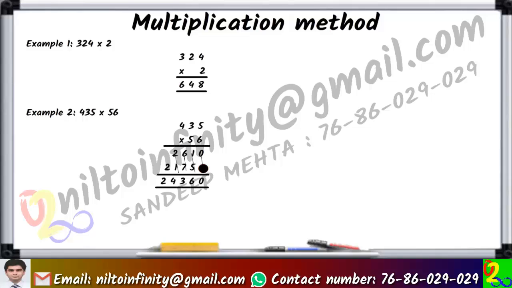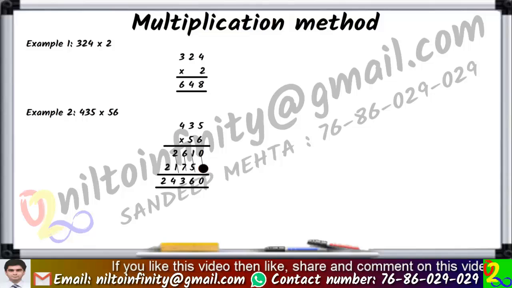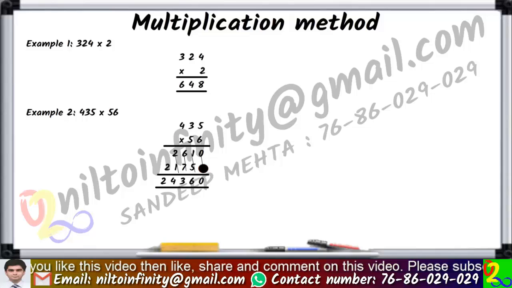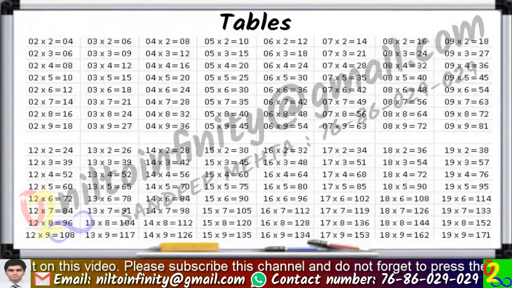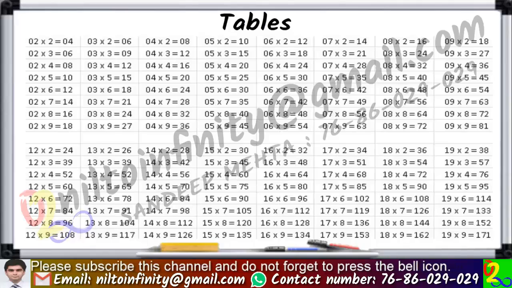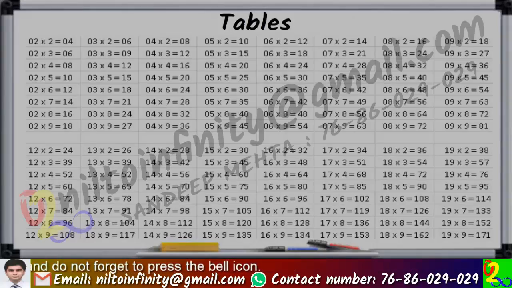Now we will add the digits which are in a line. As shown here, we get the sum as 24,360. So the product of 435 and 56 is 24,360. It is good to learn tables till 20, so that mathematical calculations become easier.